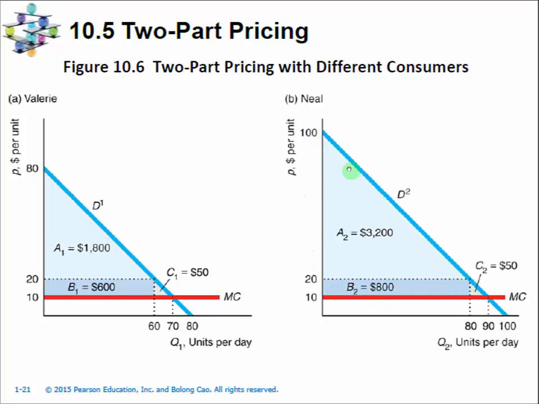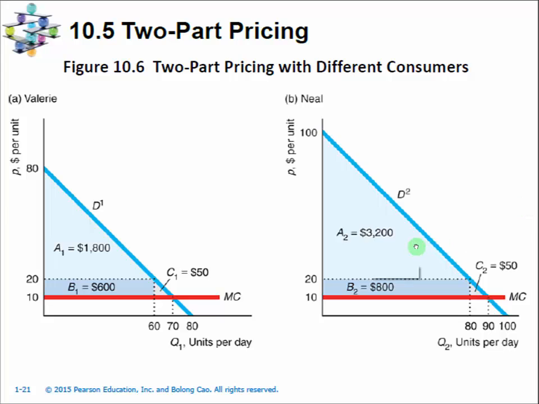So the firm faces a trade-off. If the firm wants Valerie in and there's no way to charge Neil a different access fee, the firm at most can only charge $24.50 as the access fee to Neil.